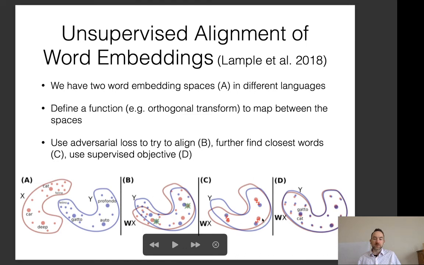This can also be further refined through a process called iterative refinement, where you find the closest words between the two embedded spaces and further do supervised training to try to align the two distributions. And this combination of an adversarial loss and supervised training can result in good overall accuracy in the end.